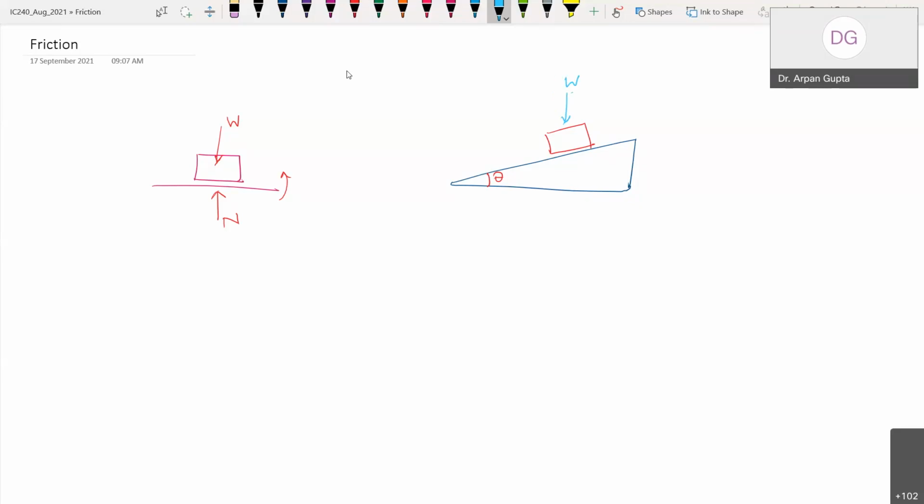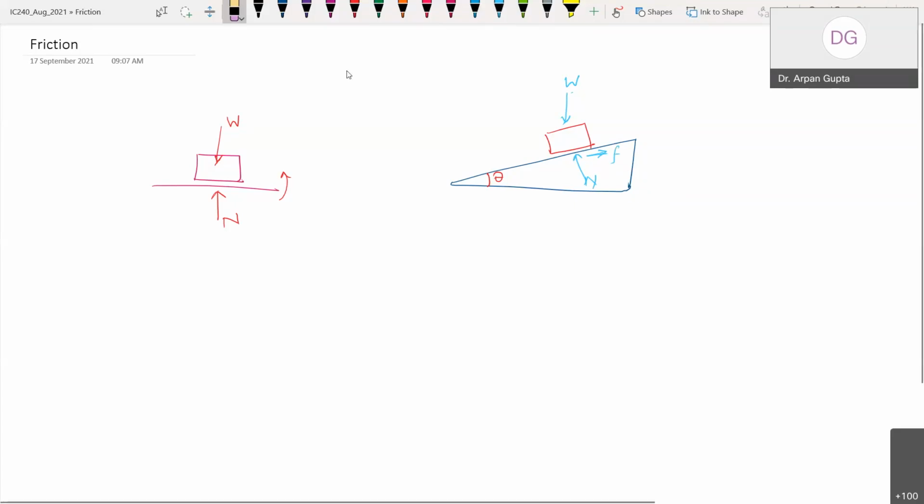There is a normal reaction perpendicular to the surface, and the block has a tendency to slide down due to W sine theta, and therefore there will be a friction force acting opposite to the tendency of impending motion.